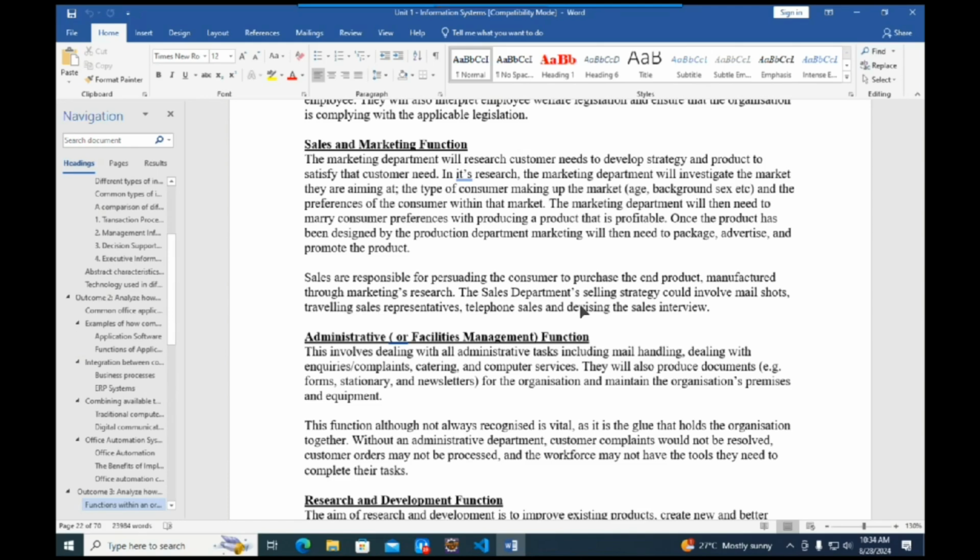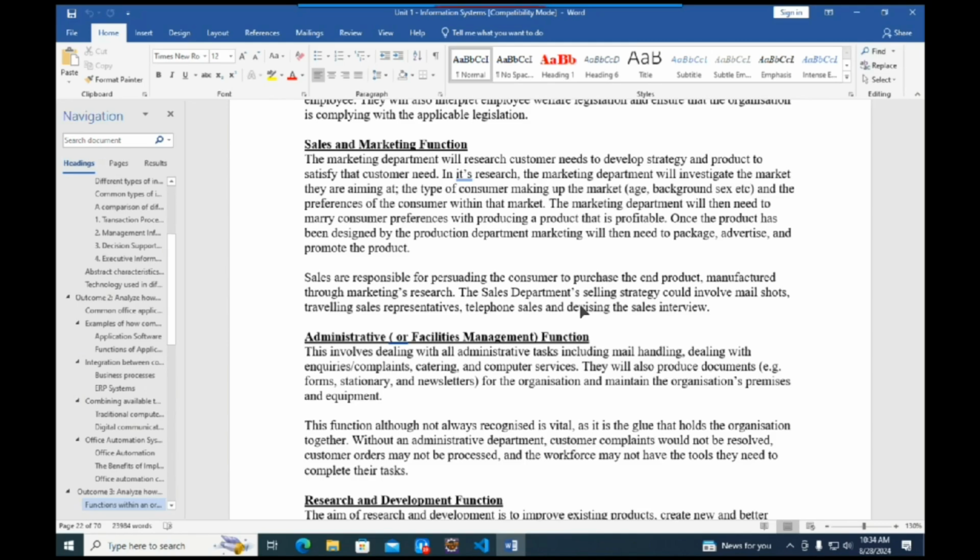So we have the marketing department in this case that will need to bring in the customer preferences and then come up with a strategy to make sure that the products are designed in a way that they meet customer requirements or customer preferences.